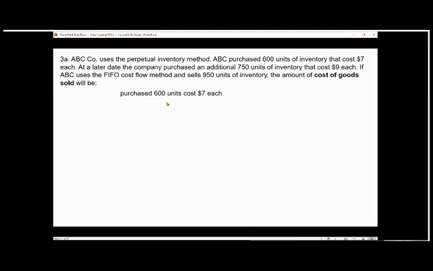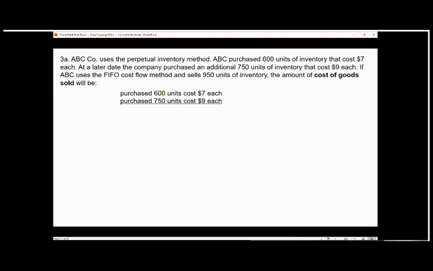Okay, so they purchased 600 units at $7. They purchased 750 units at $9. And if they sold 950 units, and they used FIFO as their costing method, how many of these 600 units did we sell? All of them. We sold all of them, right?